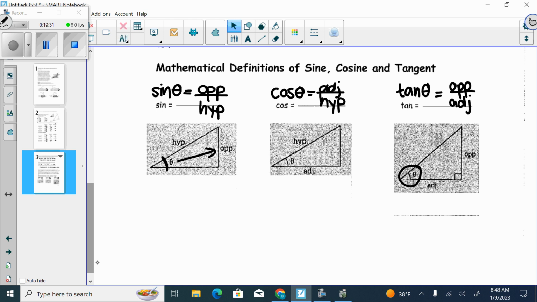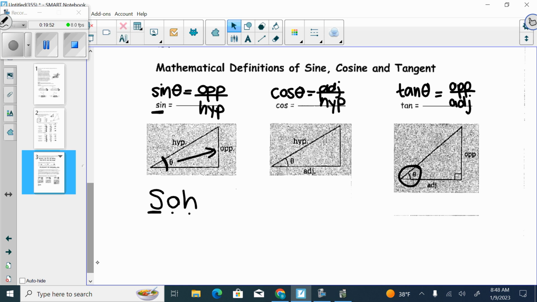But the acronym is SOHCAHTOA, okay? So the first part of that is SOH, S-O-H, okay? The S stands for sine. The O-H is the ratio, opposite over hypotenuse, okay?